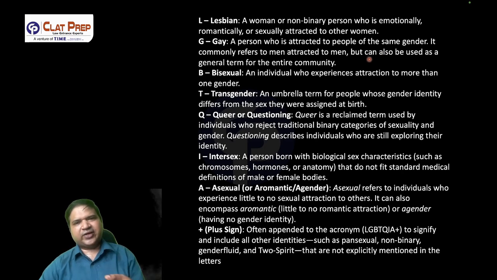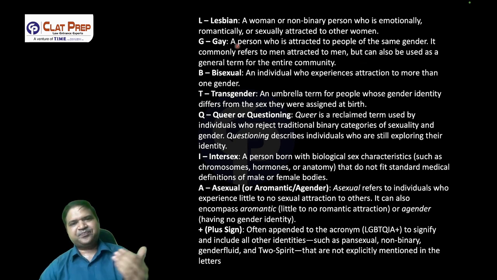Lesbian, as you might be aware, is a woman or a non-binary person who is emotionally, romantically or sexually attracted to other women. So when two women are sexually, romantically, emotionally involved, we will say it's a lesbian relationship. Gay is when a person is attracted to a person of the same gender.